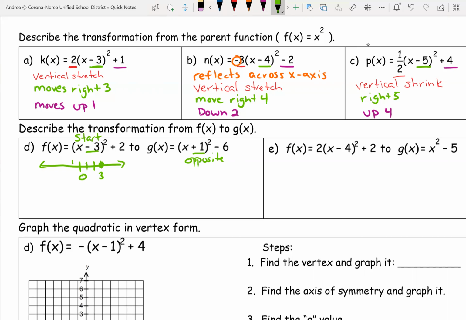So I'm going to be at -1. Does that make sense? So I'm moving from 3 to -1. So how many spaces am I moving? 4. 1, 2, 3, 4. In which direction? To the left. So I move left 4. So that's one step for that.